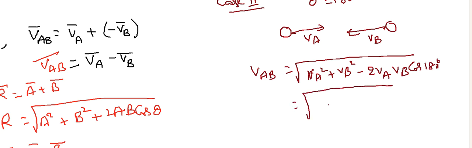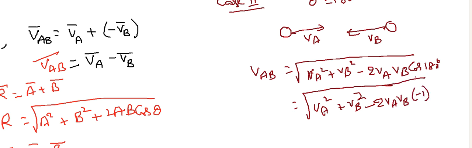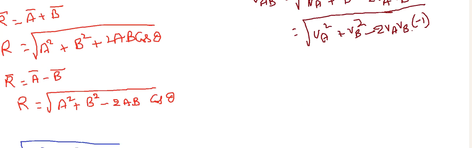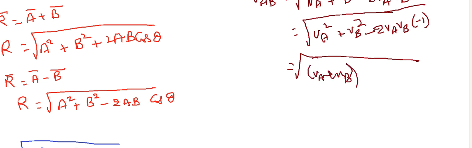So this becomes VA square plus VB square minus 2 VA VB into minus 1. So minus into minus is plus. It is nothing but the equation of A plus B whole square. So I will write it as VA plus VB whole square. Therefore, your VAB is equal to VA plus VB.